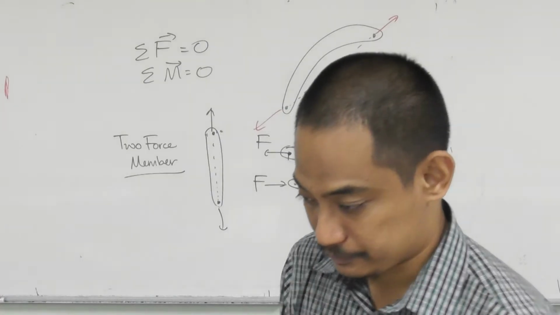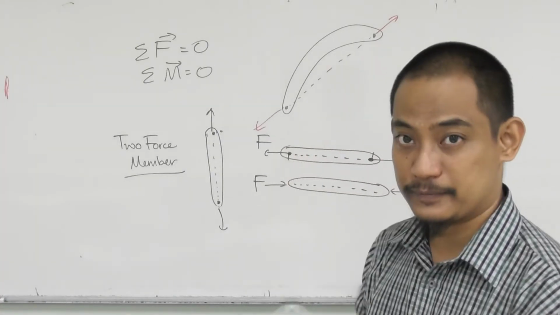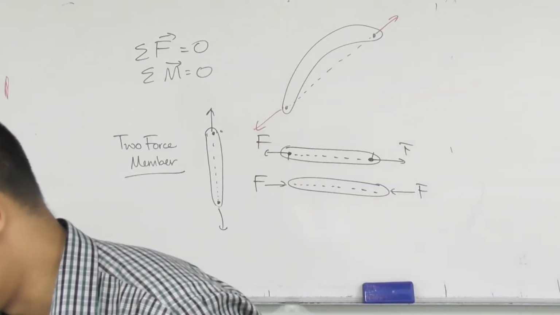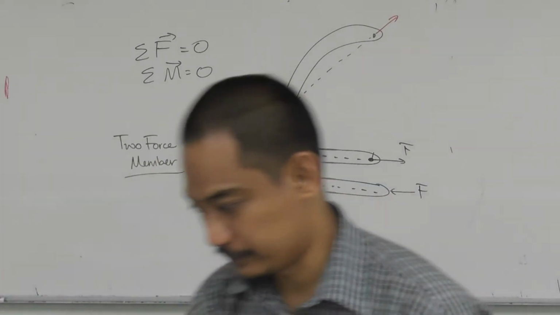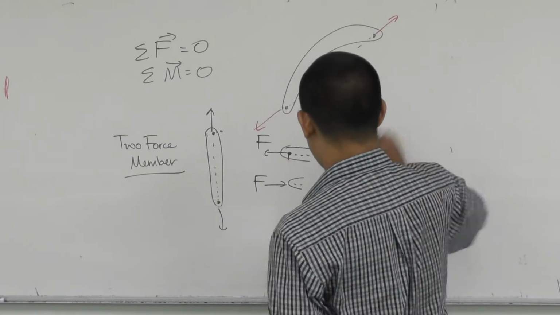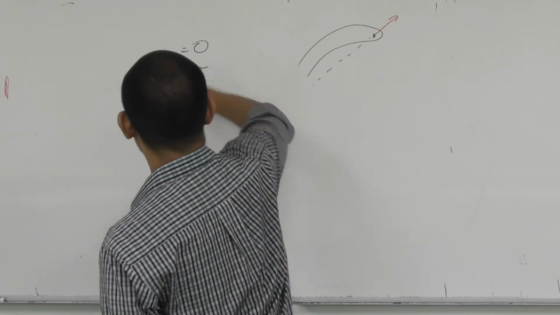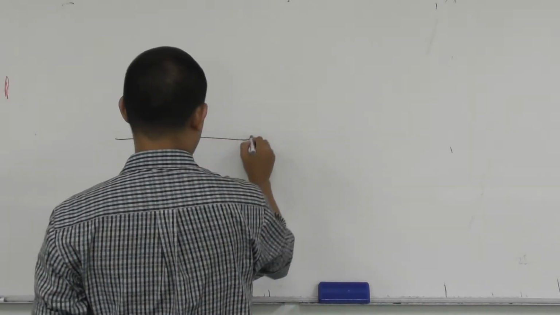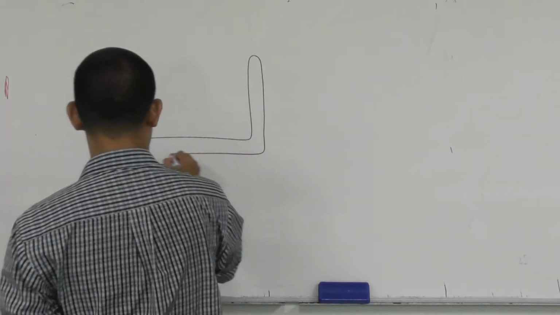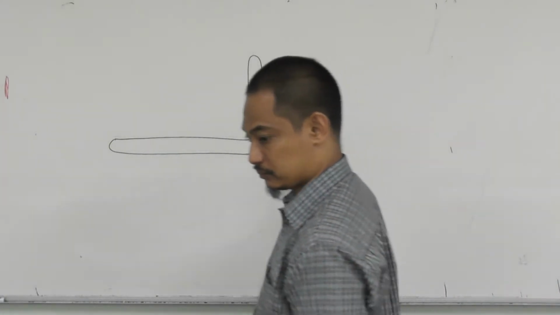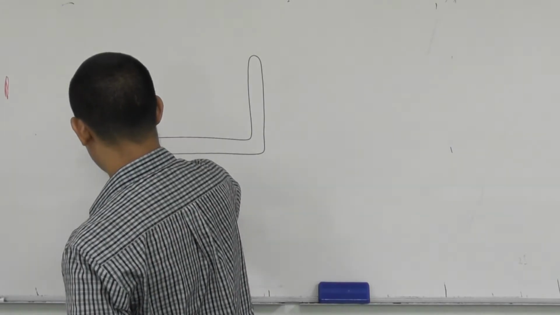Now, why is this important? Going back to the slide of 5.1 and 5.2, we have this member over here, and then this is a collar here.